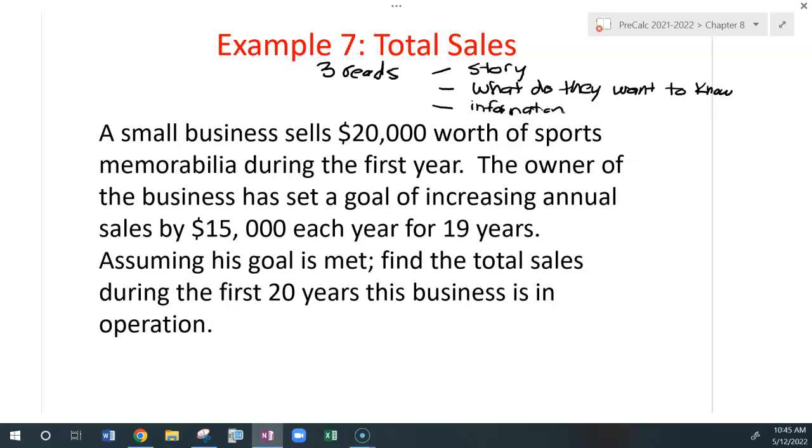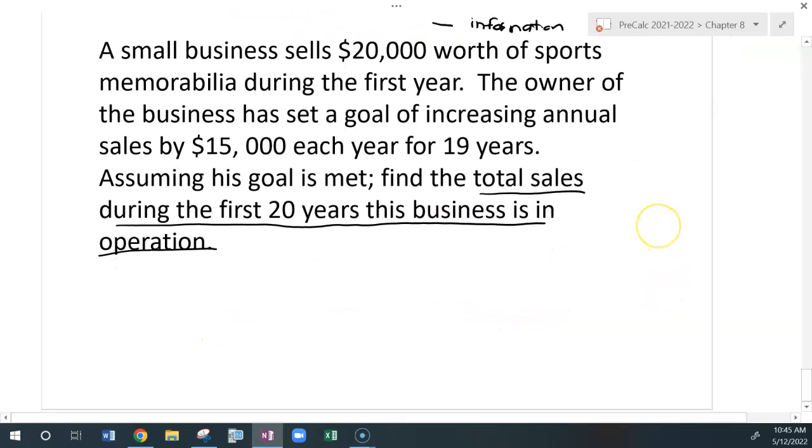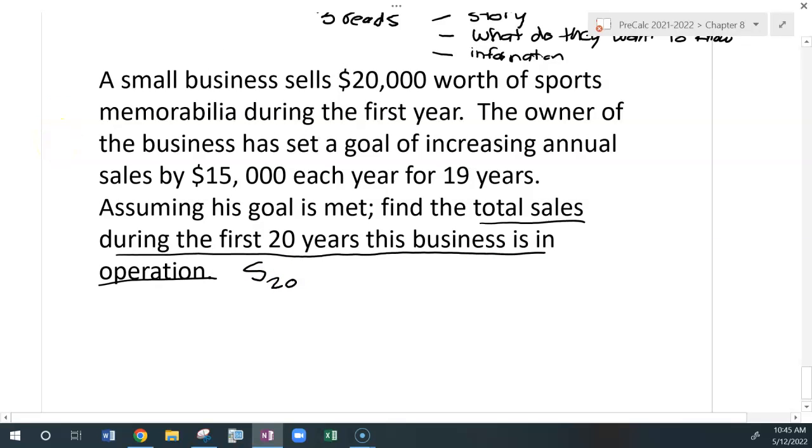What they want to know is total sales during the first 20 years this business is in operation. So what they want is S sub 20. That's what they're looking for. The information they give us: sells $20,000 worth of sports memorabilia during the first year. So $20,000 first year.